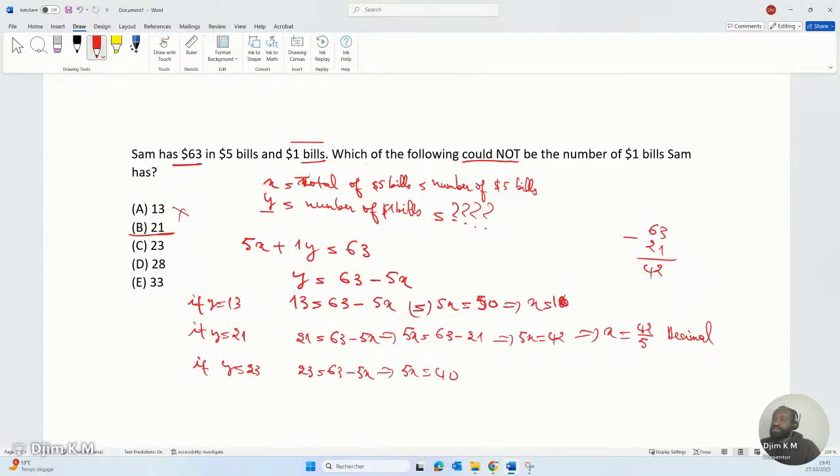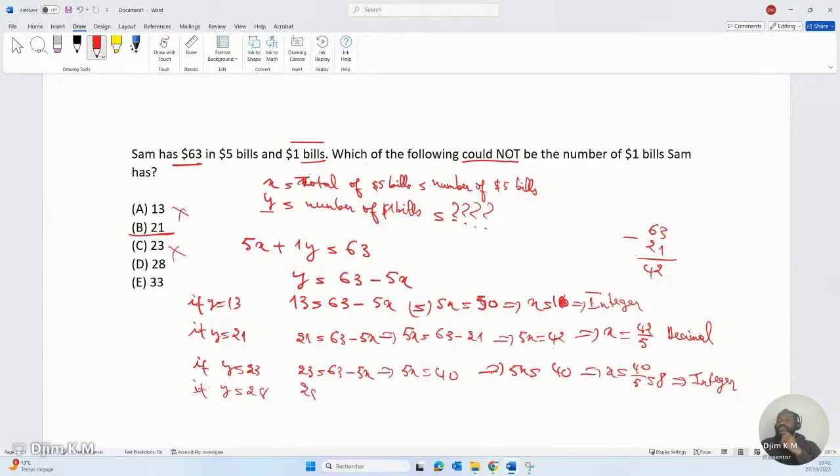But still, it will not change. So 5x equals 40, x is 40 over 5, which is 8. Okay, so this is an integer, and the same thing for 28 as well.